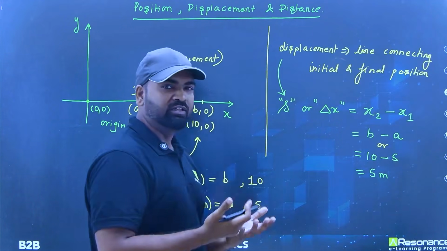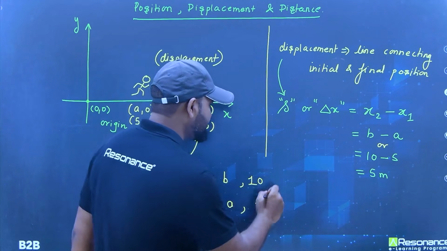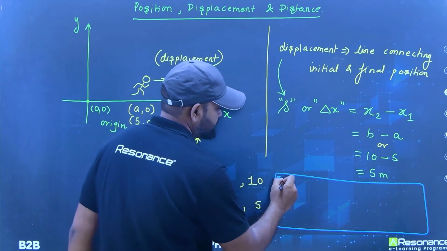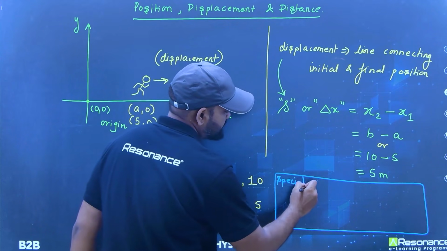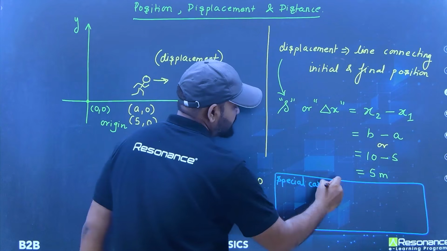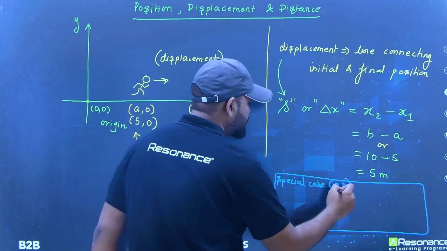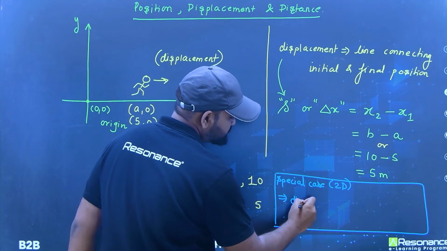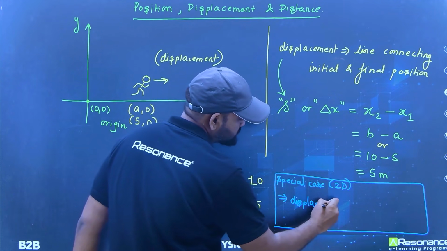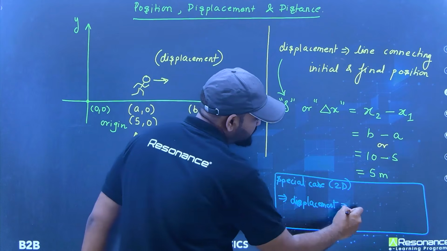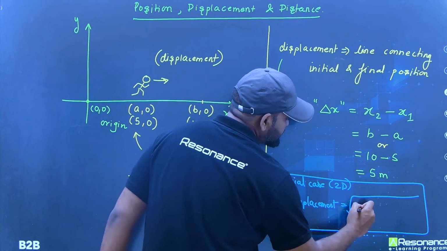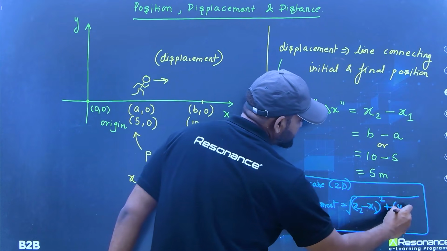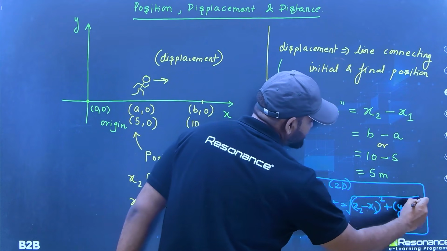Special case: for two-dimensional, 2D, the displacement is the square root of (x2 minus x1) whole squared plus (y2 minus y1) whole squared.